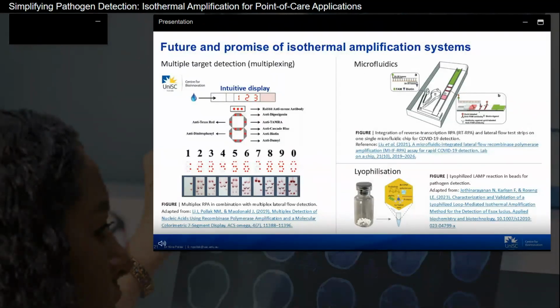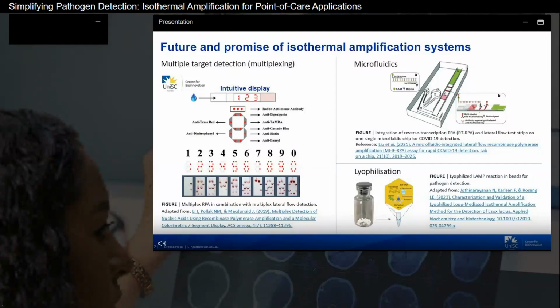Lastly, let's discuss the future and promise of isothermal amplification systems. Earlier, I mentioned multiplexing, or multiple target detection. With recombinase polymerase amplification, we've shown at the University of the Sunshine Coast how an intuitive display is possible on lateral flow strips.